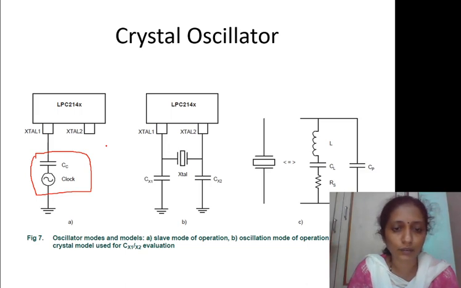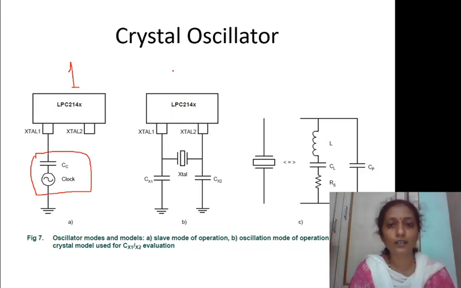Like that it will work. This is the first way, where an external signal is used. Or you can generate the internal clock signal by another method also.